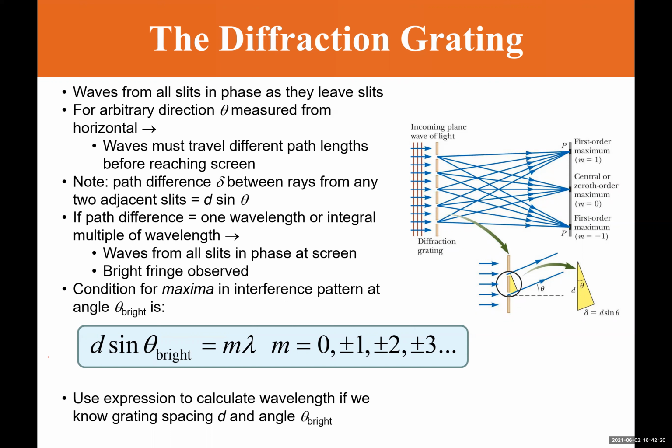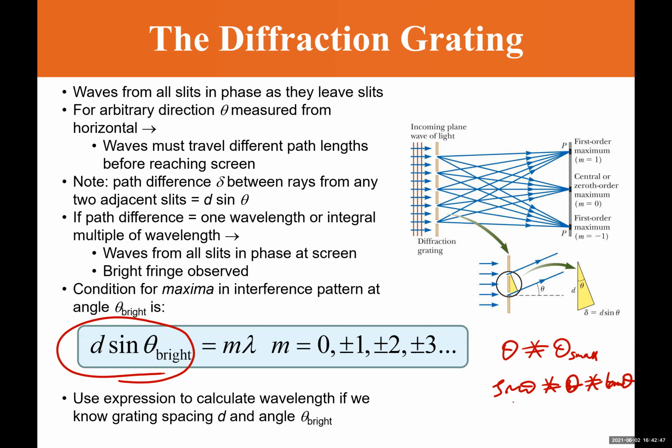That means we have d sine theta equals m lambda, where m equals 0 for the central one, plus or minus 1 for the first maximum, plus or minus 2 for the second order maximum, plus or minus 3 for the third order maximum, and so on. The only difference here is theta cannot be considered small anymore. That means sine of theta will not be equal to theta, and will not be equal to the tangent of theta anymore. So this approximation basically just gets thrown away for the diffraction grating.